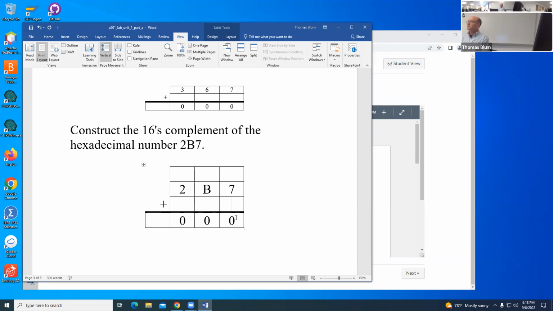Oh. But it's the 16's complement. 8 would be 15, and I need it to be 16 because that's my base. So I need a 9. So 7 and 9 will give me 16, which is my base. So that is 0, carry a 1.